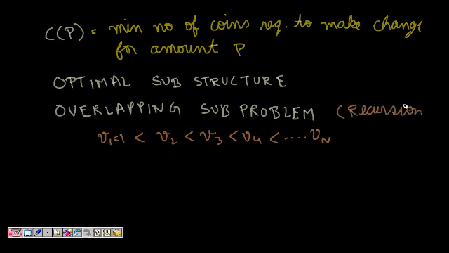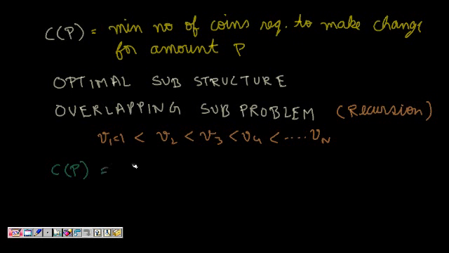Can we write some recursive solution? The only coins we can use are V1, V2, V3 till Vn.